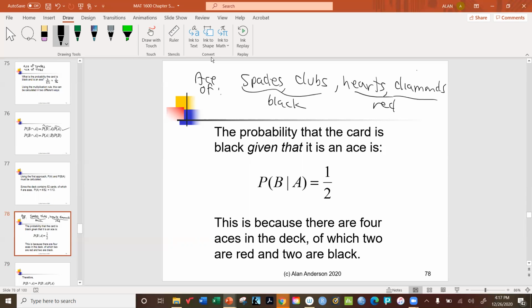So that means that if we know that this is an ace, the probability of it being black is 2 out of 4 or 1/2. And again, you're just literally counting the number of ways this can happen given that the card is an ace. If we didn't know that, then this answer would have been 2 out of 52. But because we know that this is an ace, that increases the probability to 2/4 or 1/2. So that's the hard part.